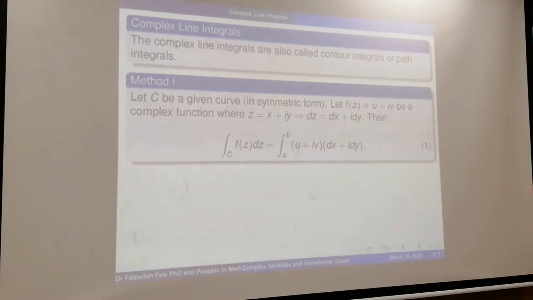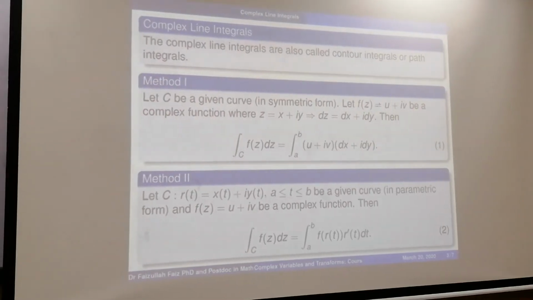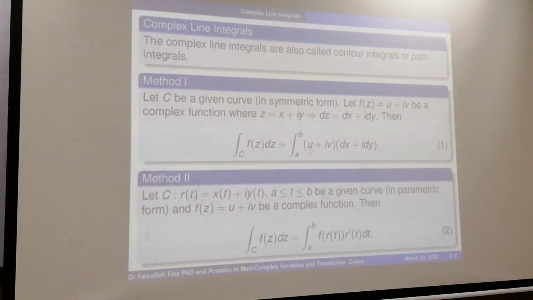Now let us show you another method from the screen. The second method is, again, we are given some curve C, and this curve is in the parametric form. If the curve is given in the parametric form, then we can use equation number 2 to solve the given problem.